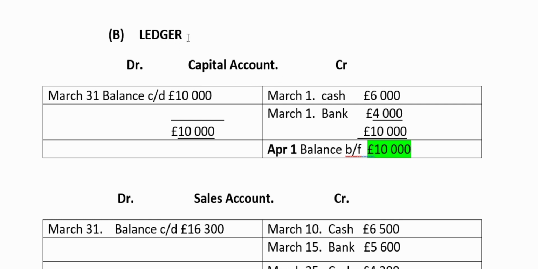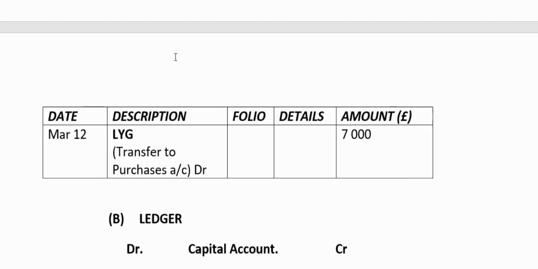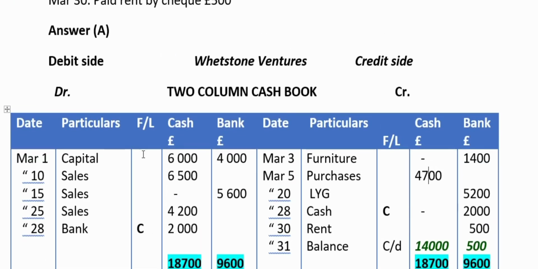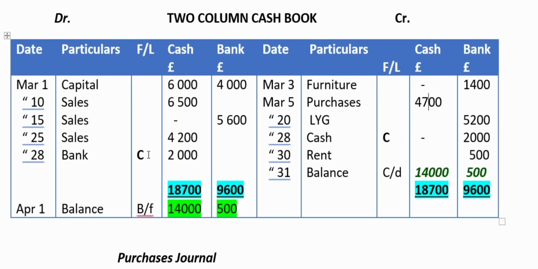So the ledger happens to be a principal book of accounts that records all transactions after the book of original entry, and the cash book is one of such books. So after the cash book, we have the ledger. So each item or entry we have in the cash book will now be taken to the ledger.